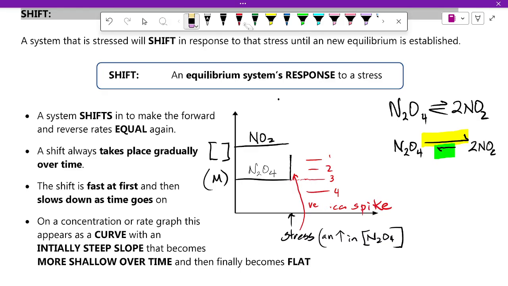Whatever one was stressed will try to get back to its original concentration, but it doesn't quite make it.